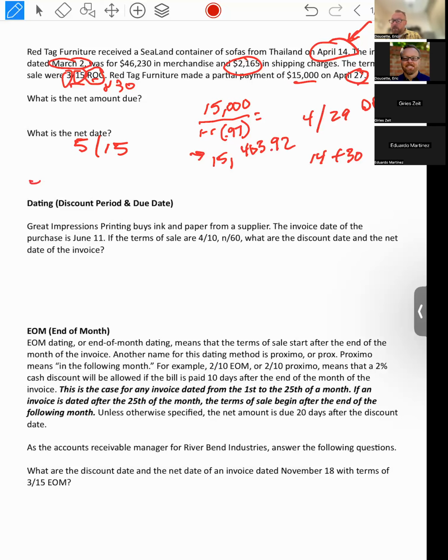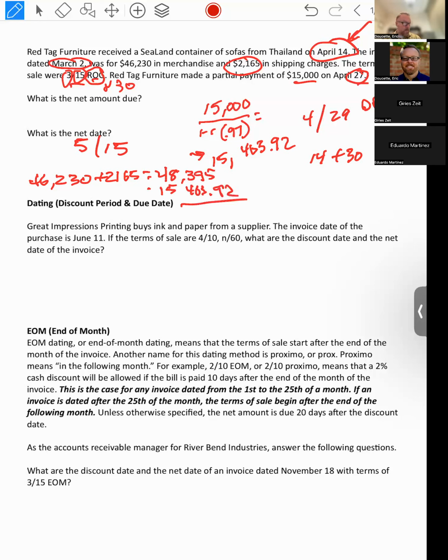Again, we owed 46,230 plus the shipping. We have to add that to it. The 2,165 gave me a new total of 48,395, but I get to minus the 15,463.92.